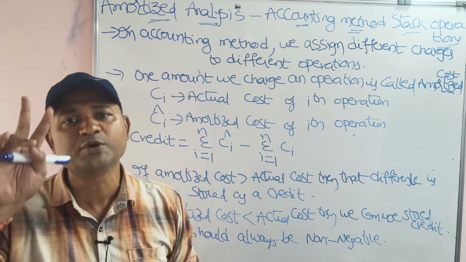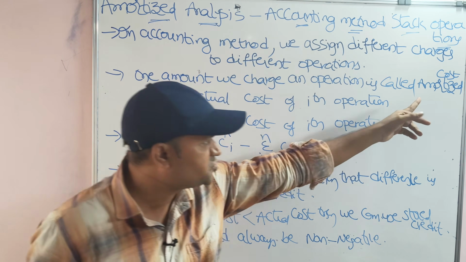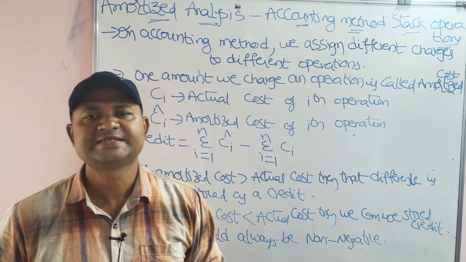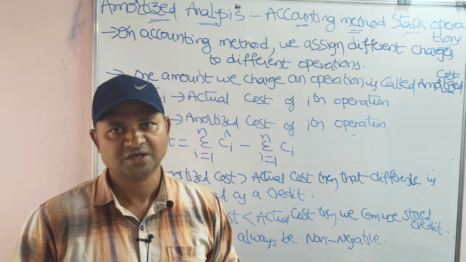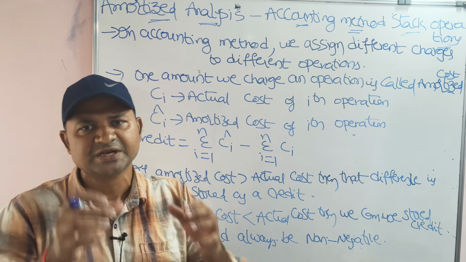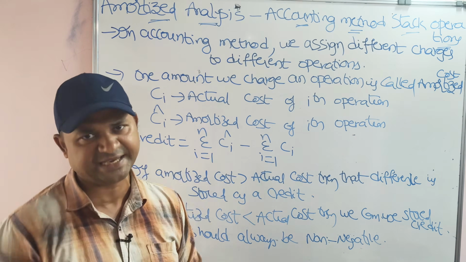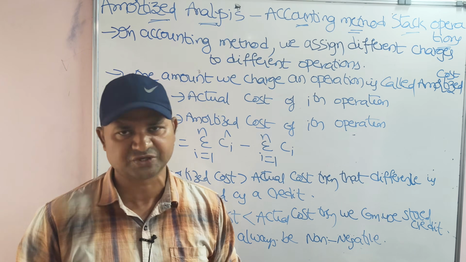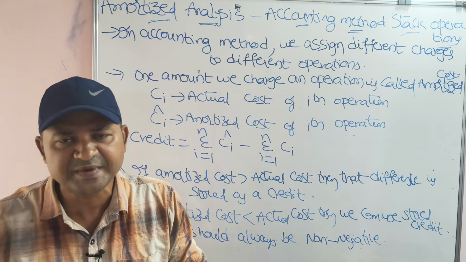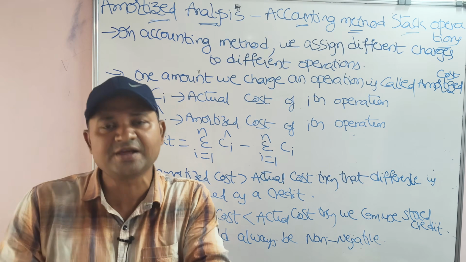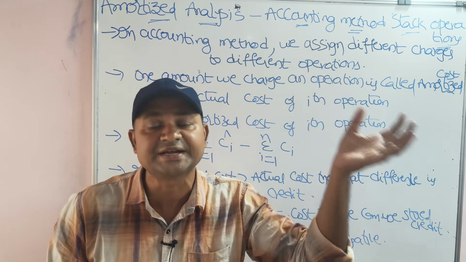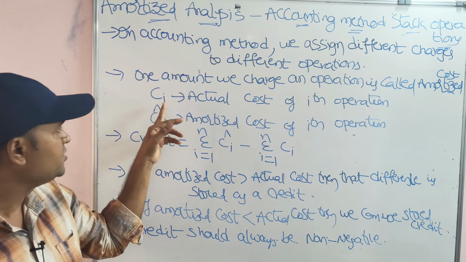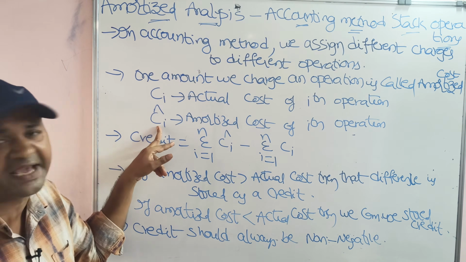So here we have two types of costs. First one is amortized cost. Second one is actual cost. Amortized cost means the cost which we are assigning, that is some random cost. Whereas actual cost is the actual cost for executing that operation. Here we are using Ci and Ci bar.